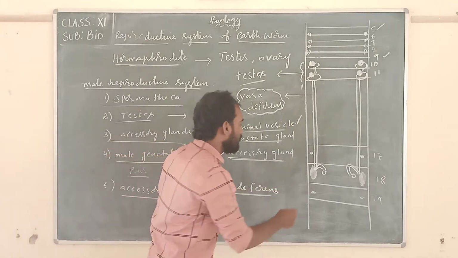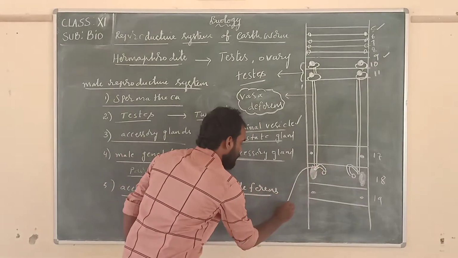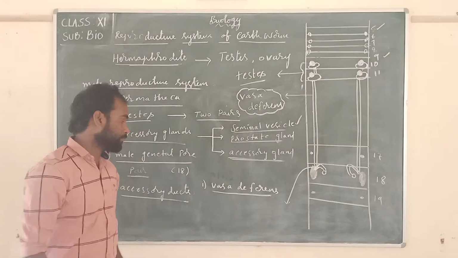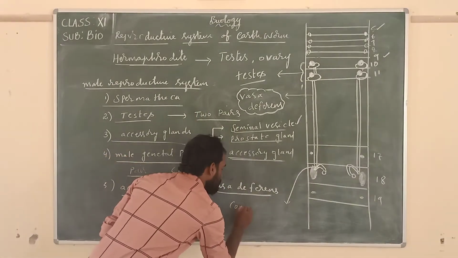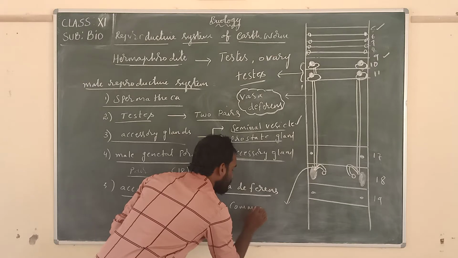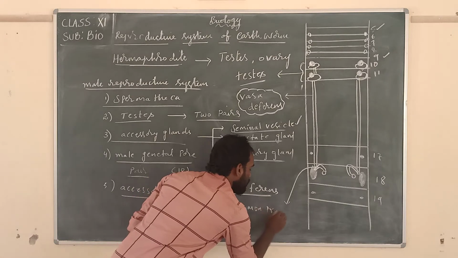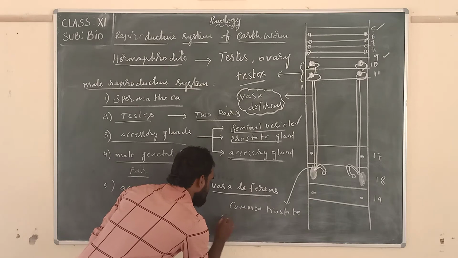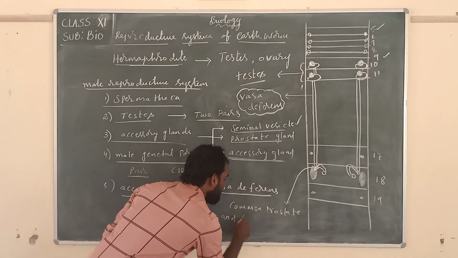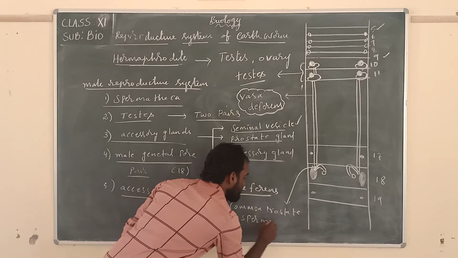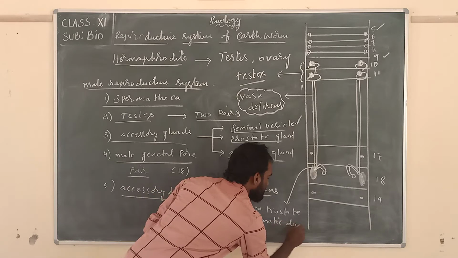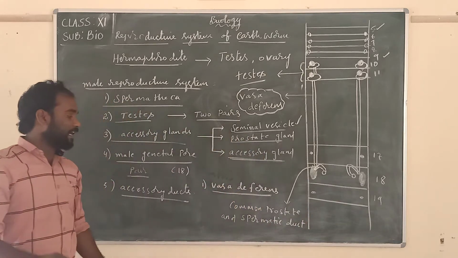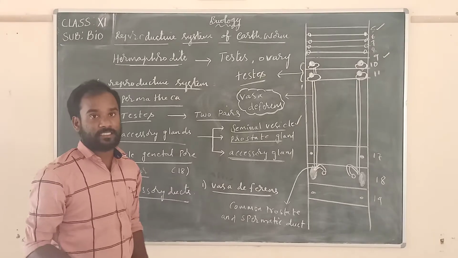So this duct is called the common prostate and spermatic duct.